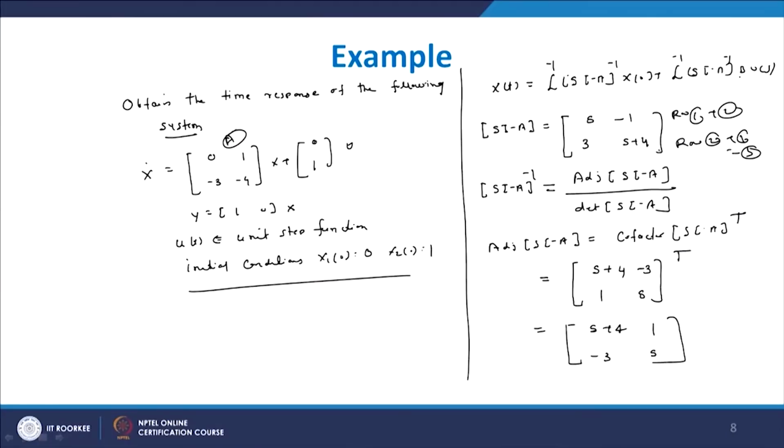But our main problem is concerned with this inverse of (sI minus A) times B U of s. So, this part we have got, but for this particular part we have to multiply it by x naught, and then we think about this portion.